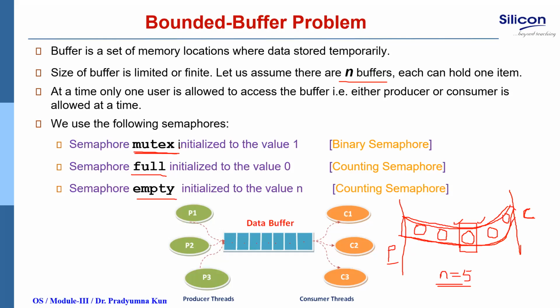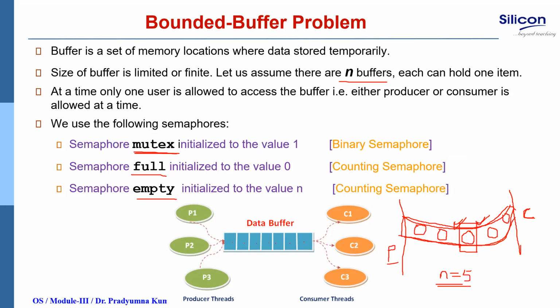Mutex is a binary semaphore, as I have already told. So it will put a lock and release the lock. When a consumer takes the item, it will put a lock, consume it, and release the lock. This is over. So the first condition is satisfied.